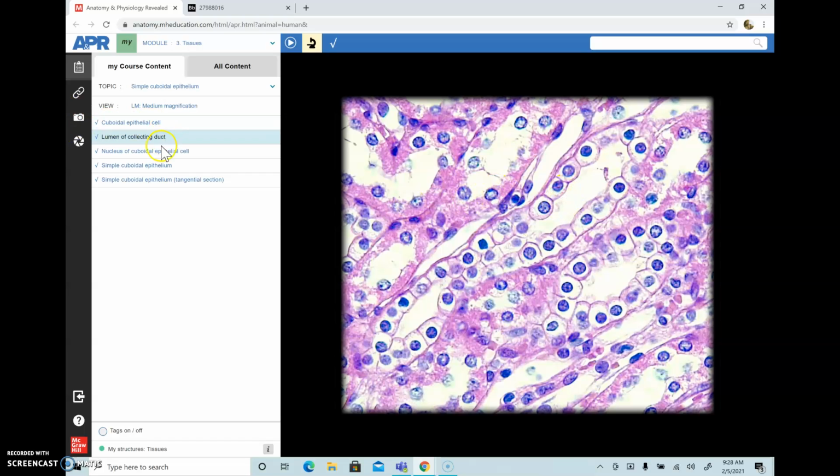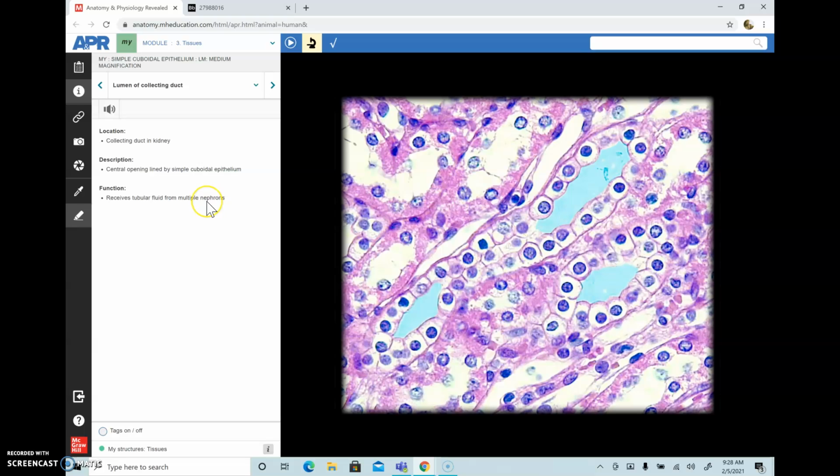Okay, so if you want to select the simple cuboidal epithelium over here, select the epithelium itself, and then you can see where the lumen is, so you can use this software to study for your tests. Okay, what are the functions? You can look at the functions over here. The simple cuboidal epithelium provides a thick layer of protection from abrasion and foreign particles.